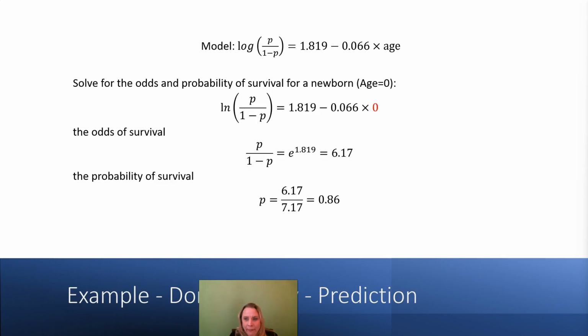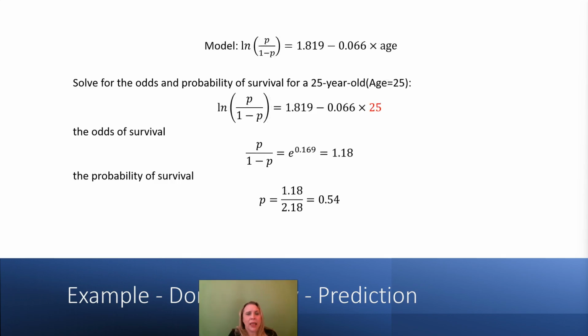If I'm asked to determine the probability of survival and the odds of survival for a newborn, I can take this formula and plug in a 0 for age. And then I get that the odds of survival are 6.17, with the probability of surviving being an 86% chance.